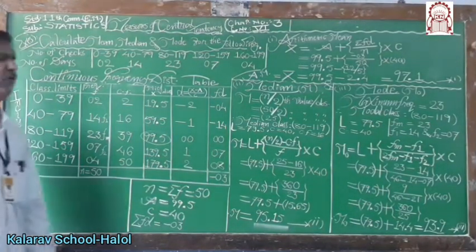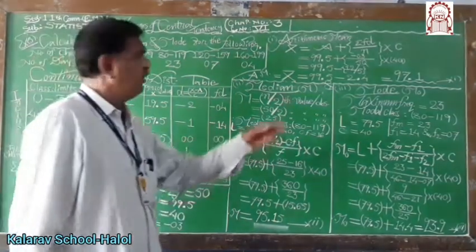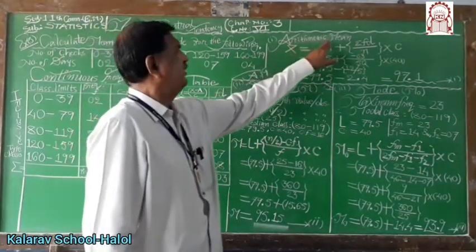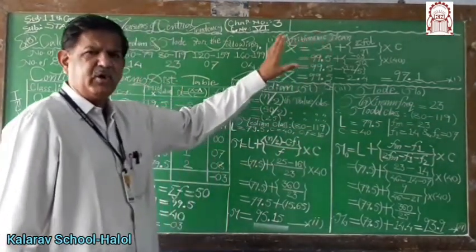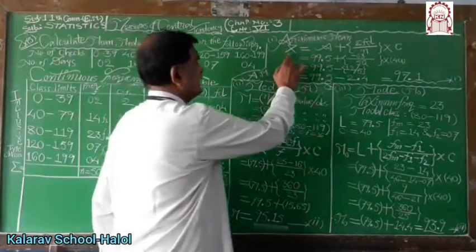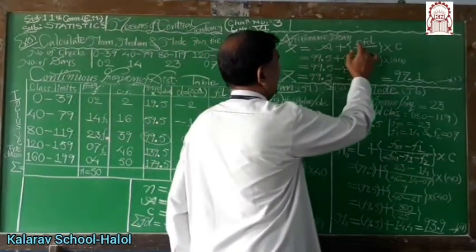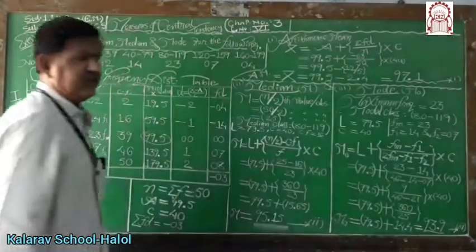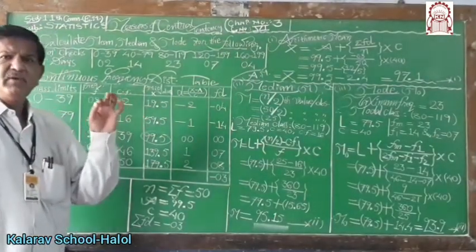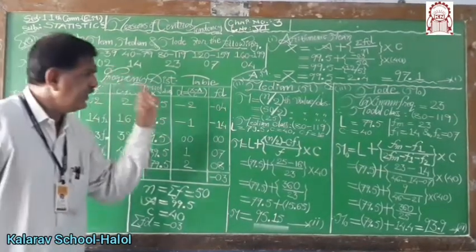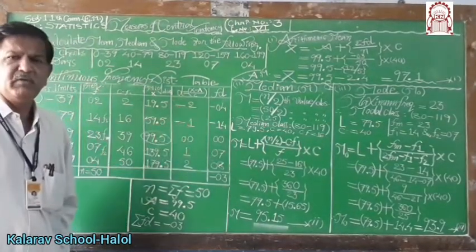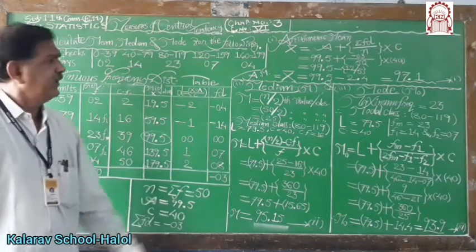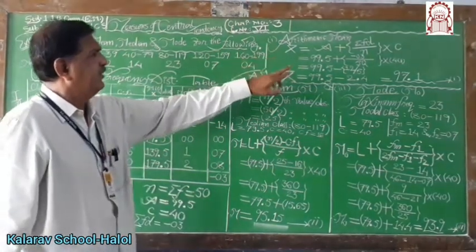Now calculation of mean, median and mode. First the arithmetic mean, or simply mean, x bar. X bar is given by A plus sigma f D upon n, multiplied by C. Practice a minimum of 10 examples of each type, then this formula can be prepared very well.